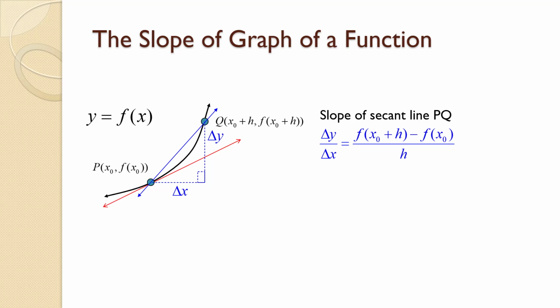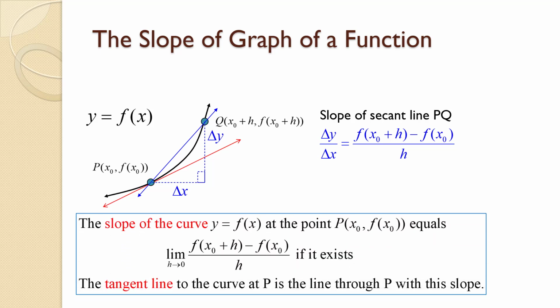And then, after that point, we then take a limit by letting the increment of x, in this case h, go to 0, which forced the point Q to move towards point P, so that the secant line became more like the tangent line. So in the end, the limit equals the slope of the tangent line at that point of tangency, which means it's also the same as the slope of the curve.